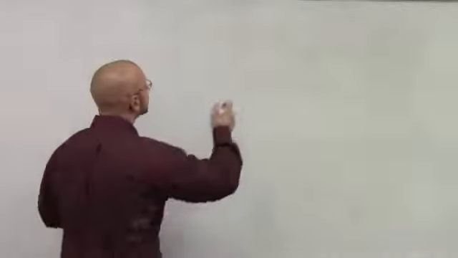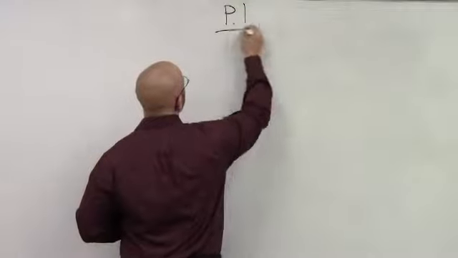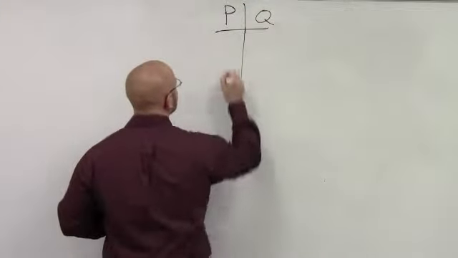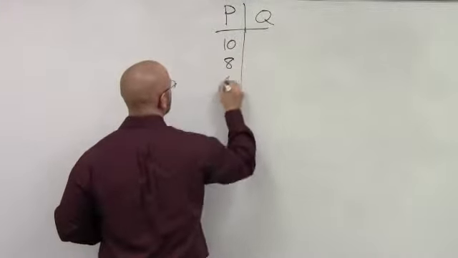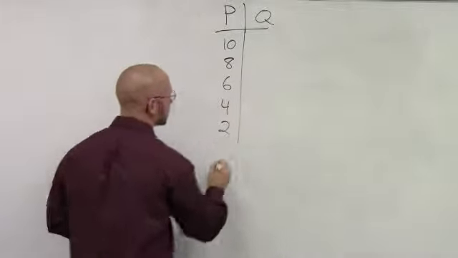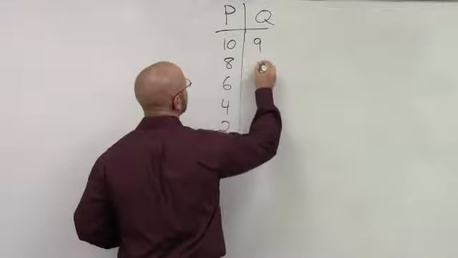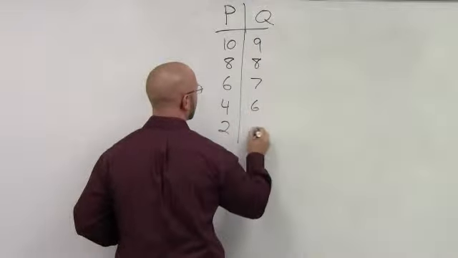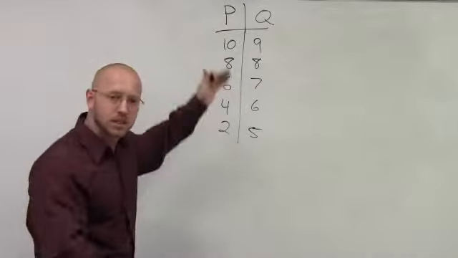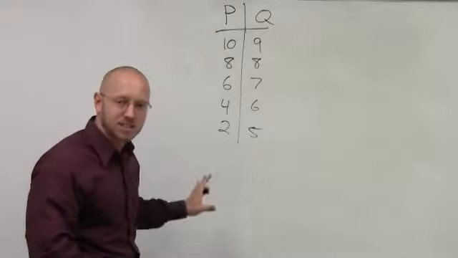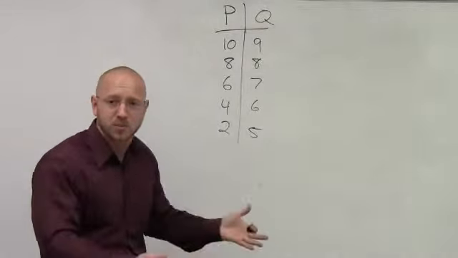Okay, again, I'm going to put prices and quantities up. Okay, I have my price schedule. Now I need the quantities to go with it. Okay, that's my supply schedule. I will need to create my supply curve.